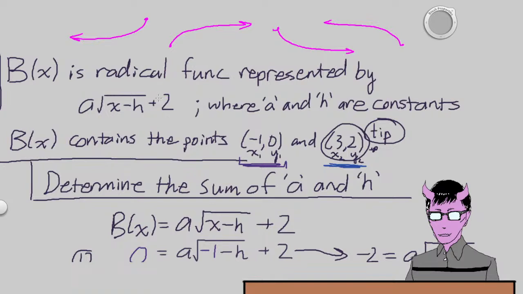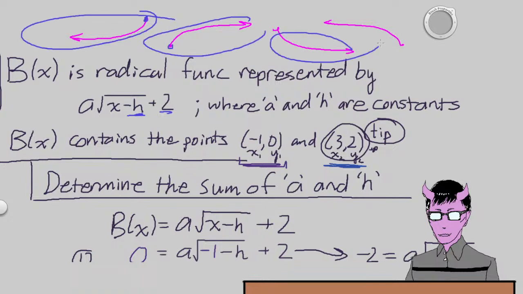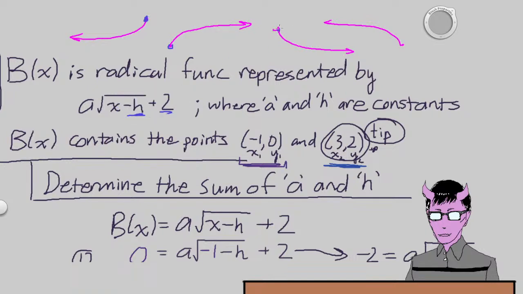And here's the thing though, we have a plus 2 right here. Remember, just like how we have vertex form, these two in conjunction, in tandem, is going to give us the tip. For whichever one of these 4 situations we have, this one should always give us the tip.